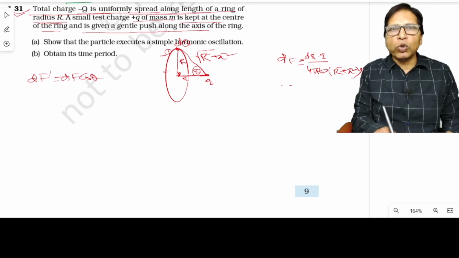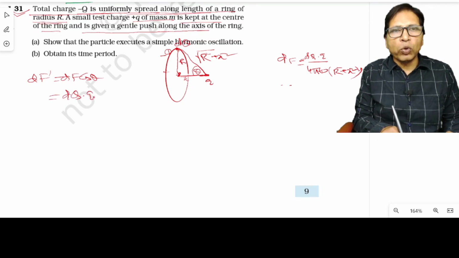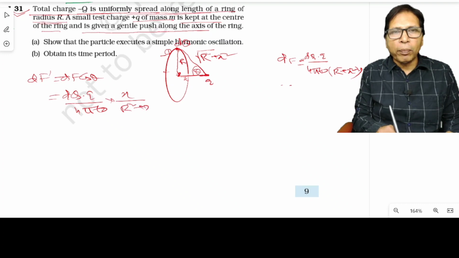Cos theta is equal to x by root under of r square plus x square. So dF dash equals dq into q divided by 4 pi epsilon naught, and cos theta is x by root under of r square plus x square, all to the power 3 by 2.